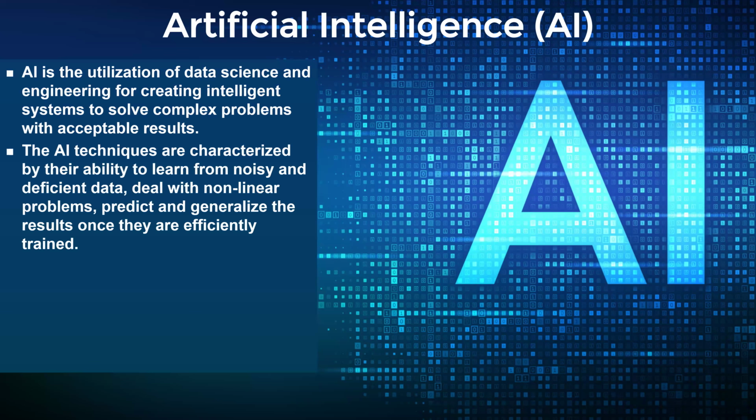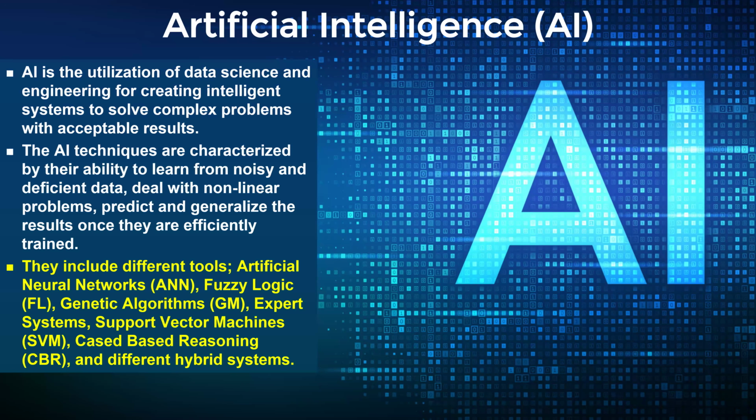In more detail, we have common techniques and tools for AI, like artificial neural networks, fuzzy logic, genetic algorithms, expert systems, support vector machines, and so on. We will highlight some of these tools in this session as practical applications of some AI techniques.